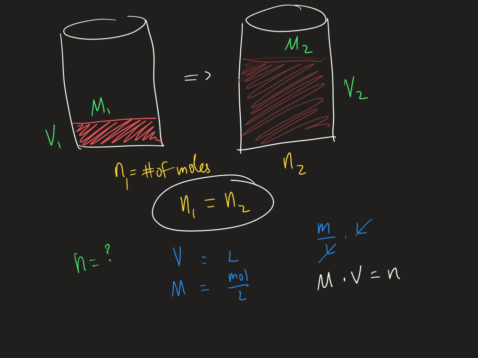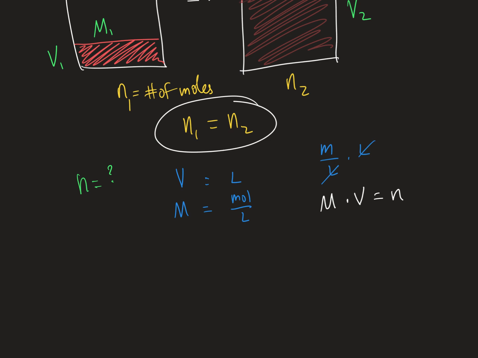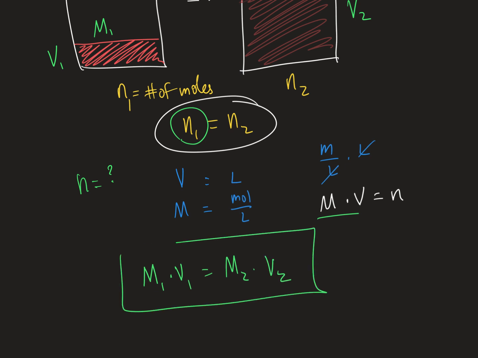Since this is true, can we write an equation in terms of molarity or concentration and volume? N1 is going to equal M1 times V1. N2 is M2 times V2. Make sense?